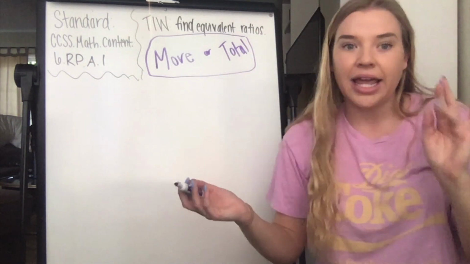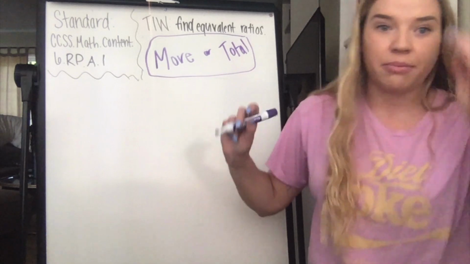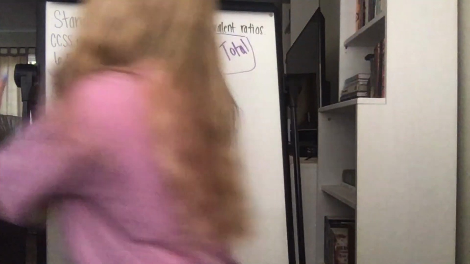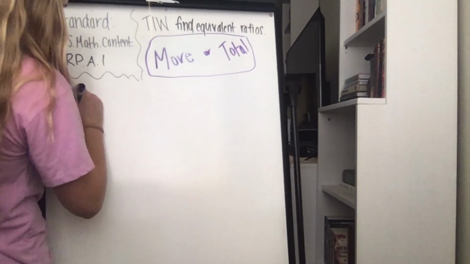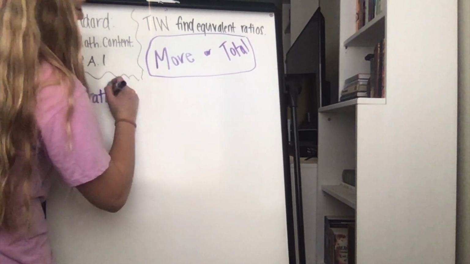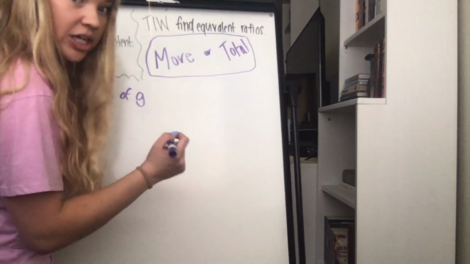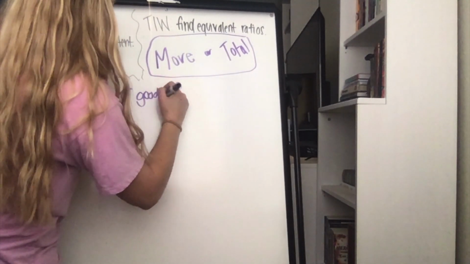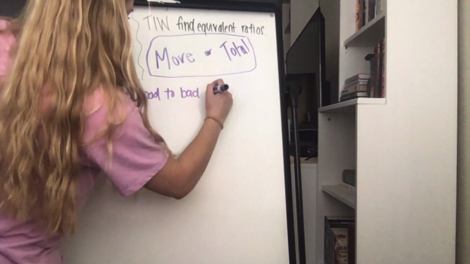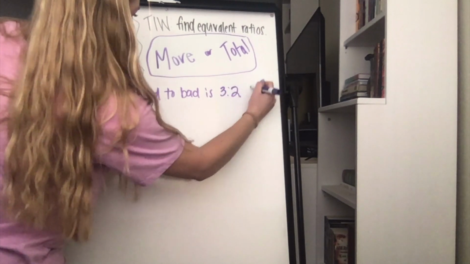So let's say, same thing. Let's use the same example. The ratio, I've got to come over here to write this. The ratio, I'm not going to write out the whole thing because we've already discussed this. The ratio of good, we're talking about Sour Patch Kids here, good to bad is 3 to 2.